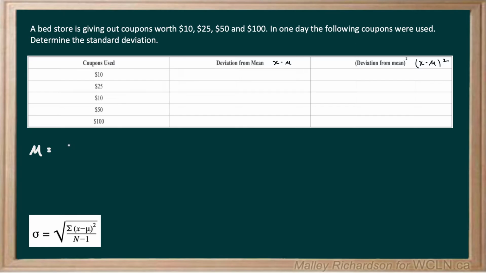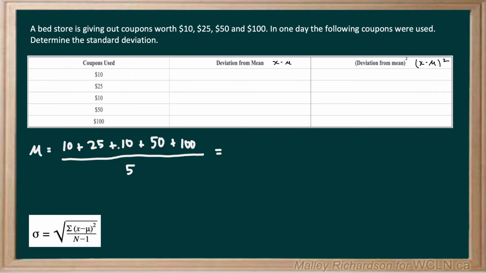So the sum of all coupons used is $10 plus $25 plus $10 plus $50 plus $100, all divided by the total number of coupons. Well, 5 coupons were used, so the total number of coupons is 5.